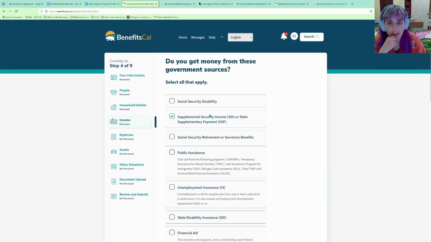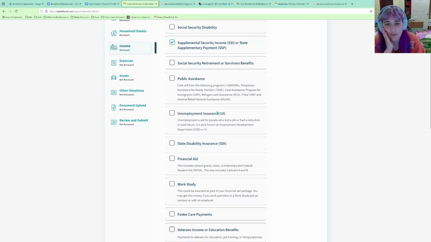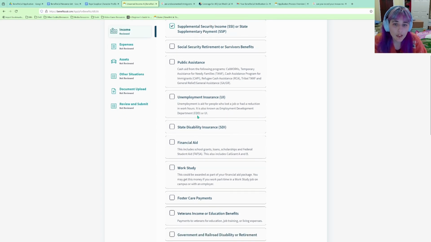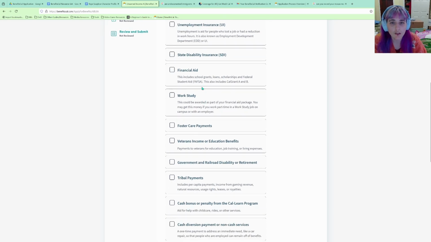Okay, you could also get Social Security disability, SSI or SSP, Social Security retirement or survivor's benefits, public assistance like CalWORKs, TANF, CAPI, RCA, and general assistance, general relief, unemployment insurance, state disability insurance, financial aid from school. By the way, I think I mentioned this in my presentation, but financial aid does not count against students who are applying for CalFresh.